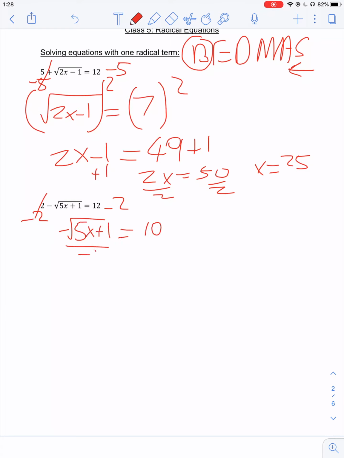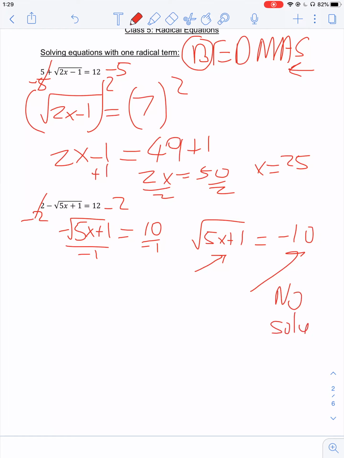Then you divide by minus 1, and you divide by minus 1. So this becomes square root of 5x plus 1 equals minus 10. Now, once you get a square root equal to a negative number, you can just stop there and say no solution.